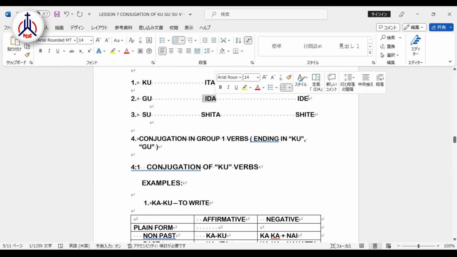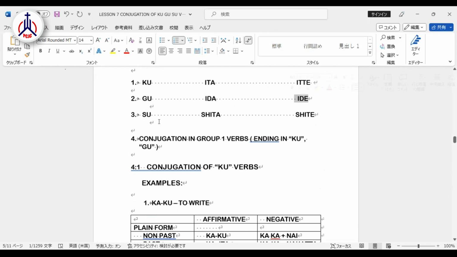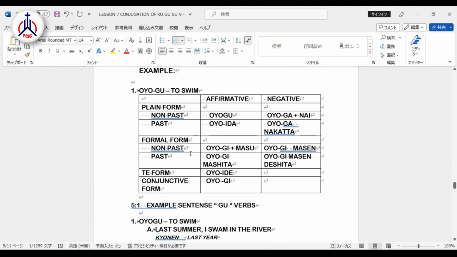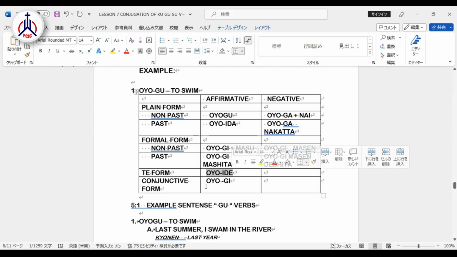Then the te form is ide. Okay? So, oyoida. Drop the gu and then change to ida. And then your te form, oyoide. And then conjunctive is oyogi.